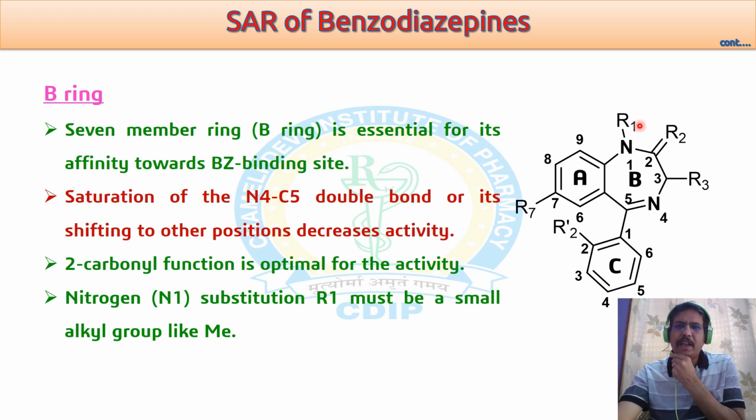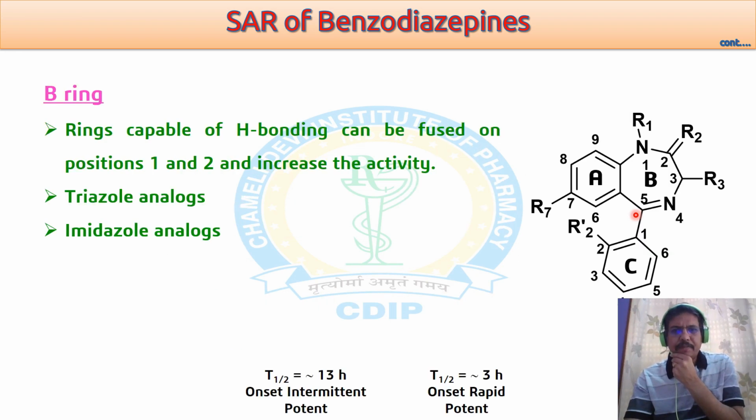But if we go for bigger substitutions, then the metabolic pattern is changed and the activity somehow subsides. Apart from that, there is the possibility of expansion of the ring as well as modification on this fifth position. We take these two things.